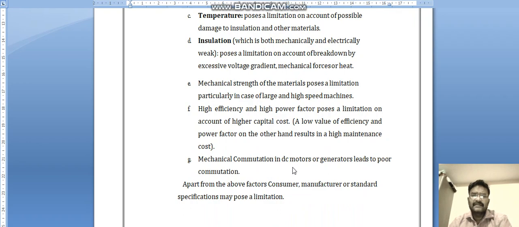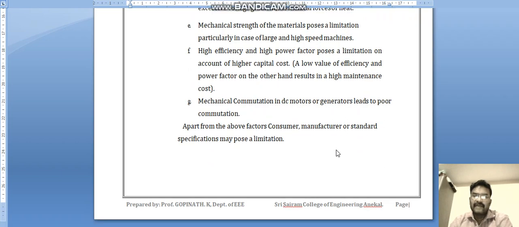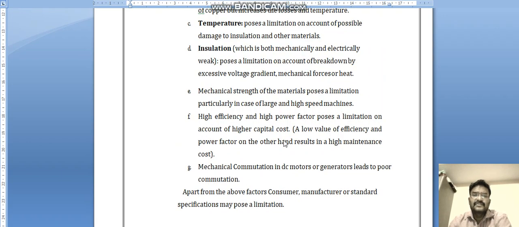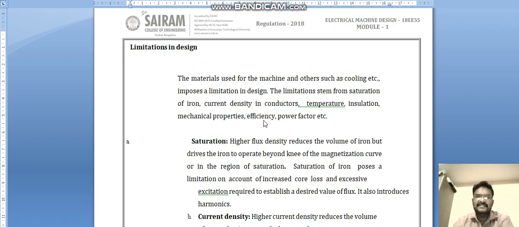Mechanical commutation in DC motors or generators leads to poor commutation. Apart from that, the above factors, manufacturer standards and specifications may impose limitations. So current density, temperature, insulation and saturation are the things that lead to limitations in design.